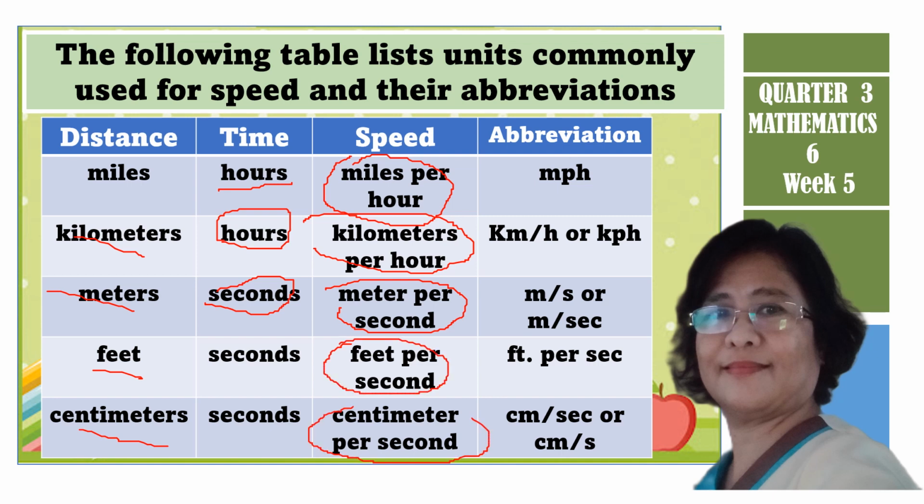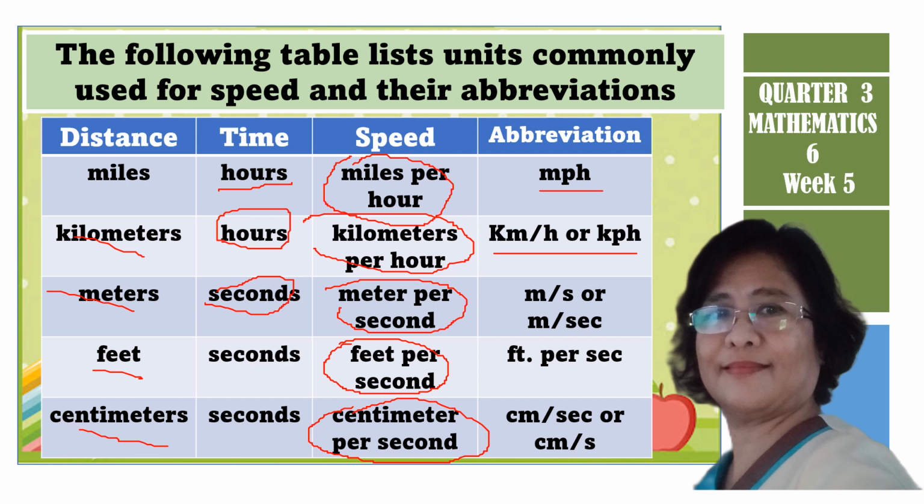centimeter per second. We also have the abbreviation of miles per hour. You have mph. Kilometers per hour can also be km/h or kph. And for the meter per second, m/s or m per sec.